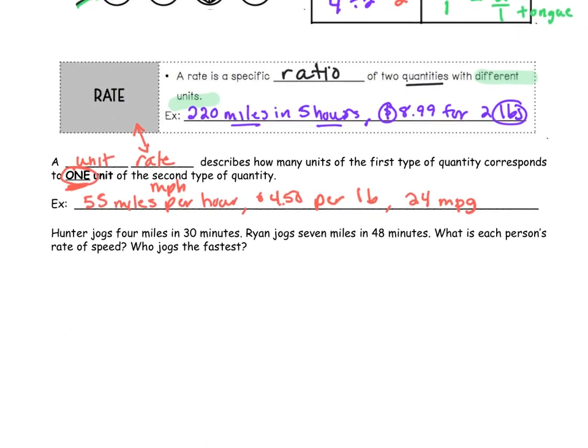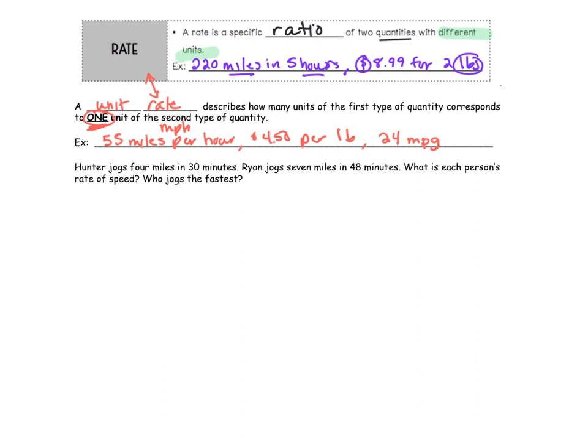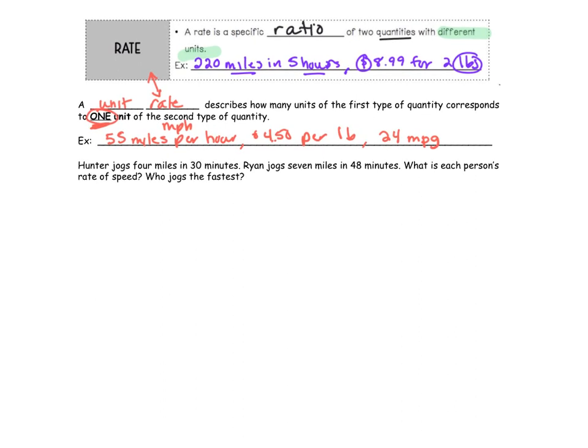So now let's investigate this. Let's build on this and put this to play using an example. What we're given is that Hunter jogs 4 miles in 30 minutes. Ryan jogs 7 miles in 45 minutes. And what they want us to answer is, what is each person's rate of speed? And who jogs the fastest?